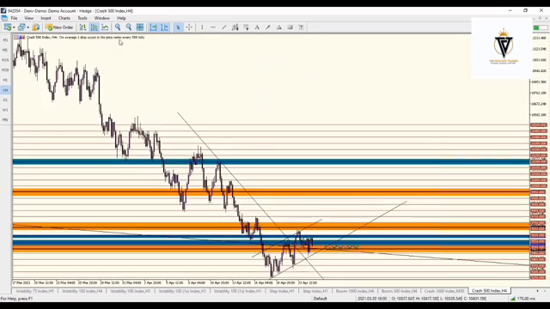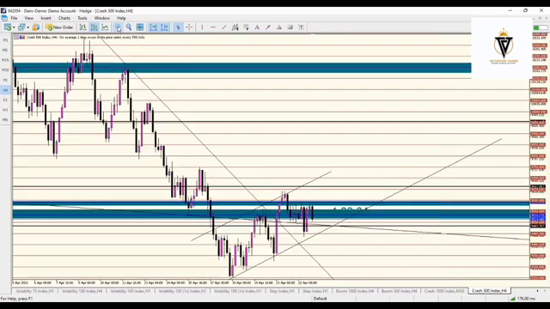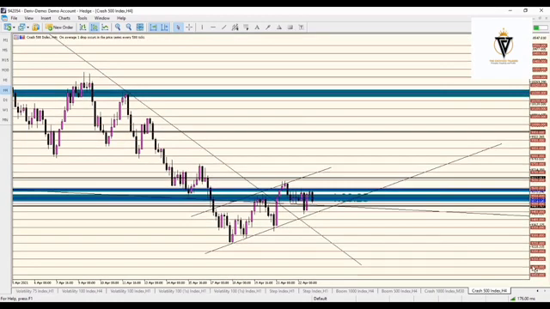As you can see, before our price formed, it was like a flat pattern, and all I have to do is wait for price to break this here. Okay, let's see, I have this here.